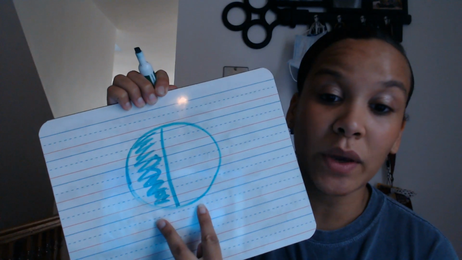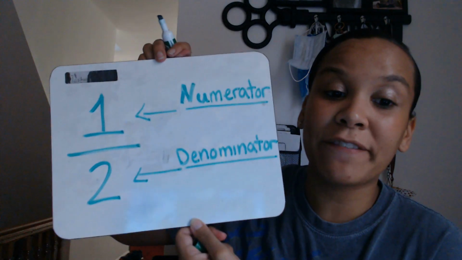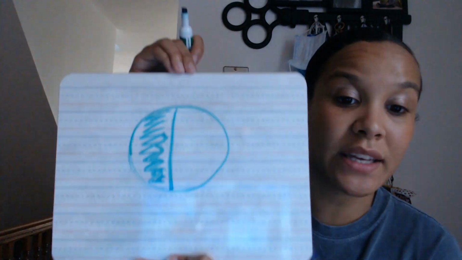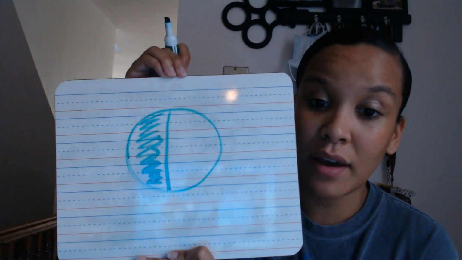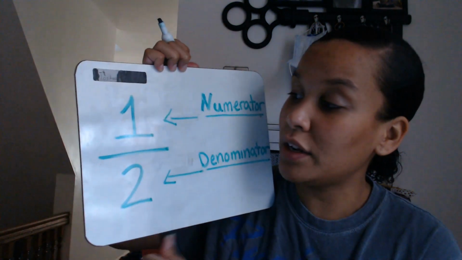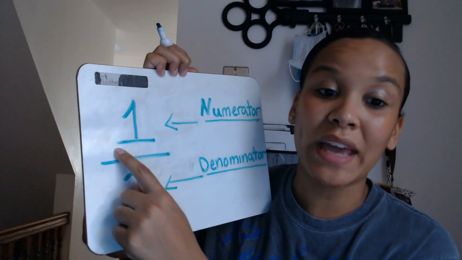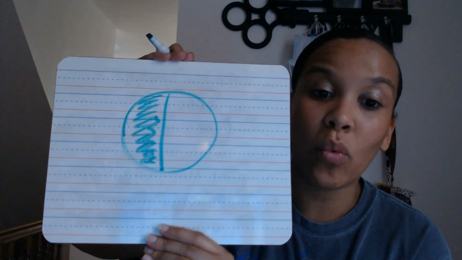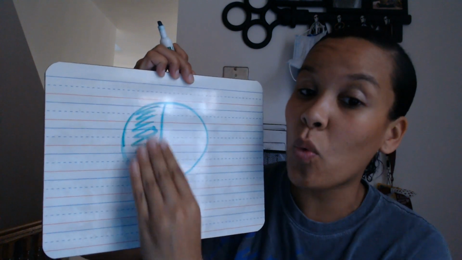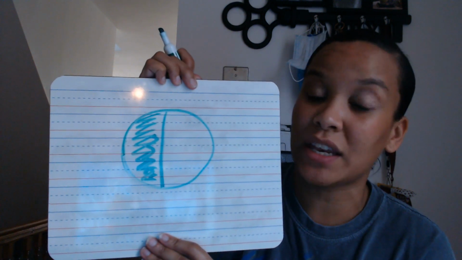It has 2 equal parts. So in my fraction, I can see that there are 2 parts. So that's what I did. I drew 2 parts to my circle. Now, I also know in my fraction, the numerator wants me to only have 1 shaded part. And that's what I did. I have 1 shaded part in, or we can say that 1/2 of the shape is shaded in.